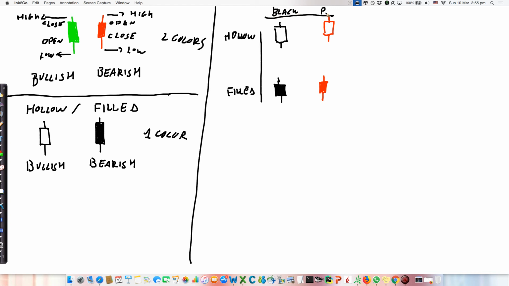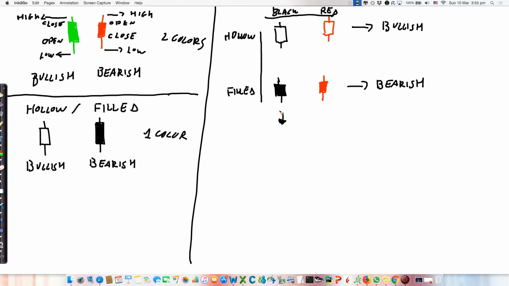And here we have black and red. Okay, the meaning here is the following. The hollow candles are bullish. So this is bullish, and this is bearish. Okay?